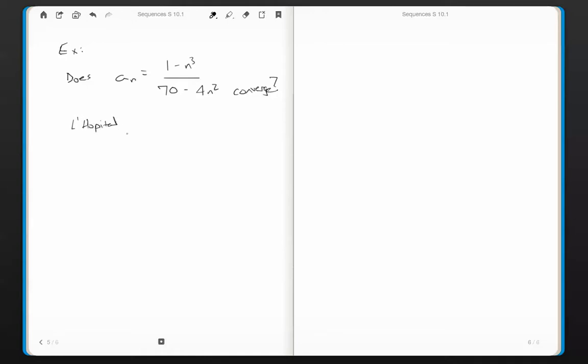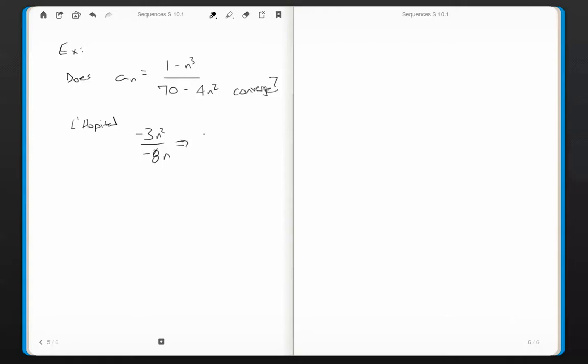And if we do that, the derivative of this is negative 3n squared over negative 8n. Well, that's still infinity over infinity, so let's keep going with this.